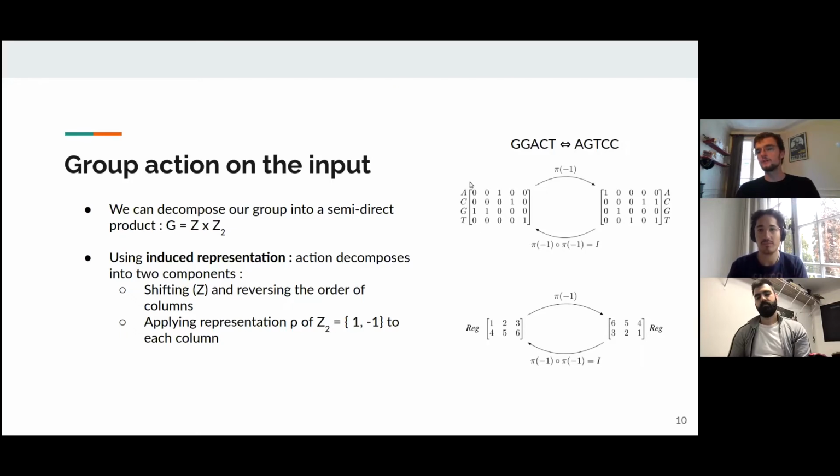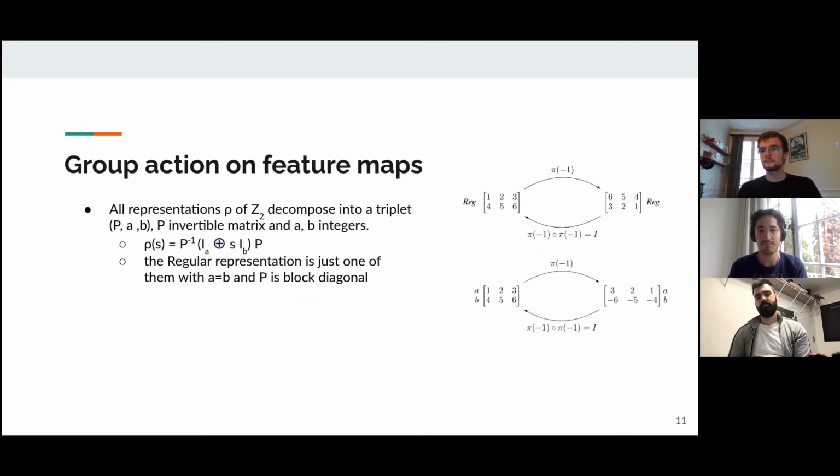So this perturbation for the input space is just a permutation of first and fourth, and second and third. But in the intermediate space, the induced representation tells us, and it's actually the most general, that you can choose other perturbations that don't necessarily have to be anything special or a permutation.